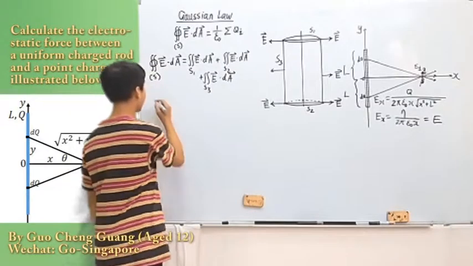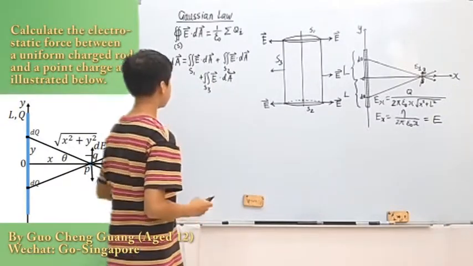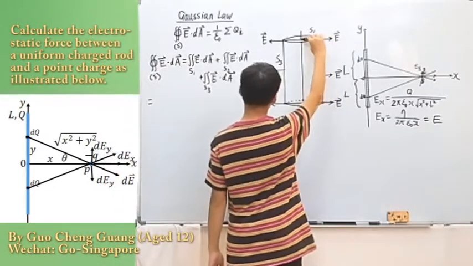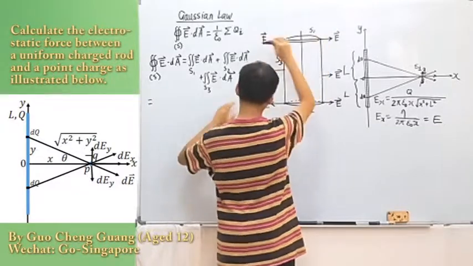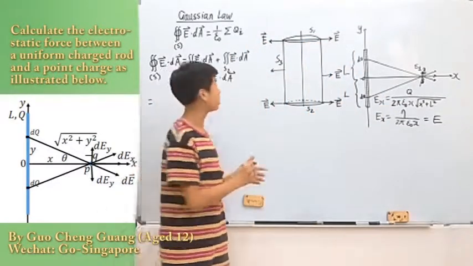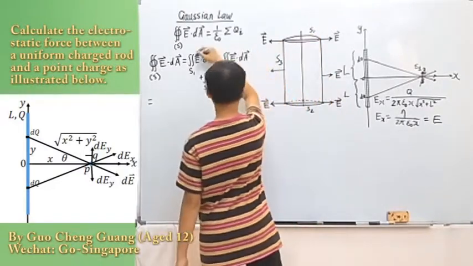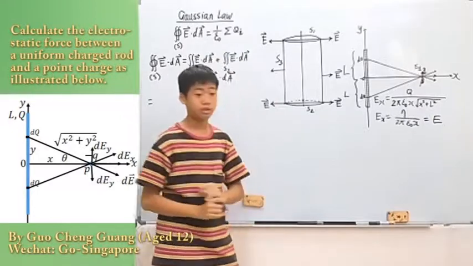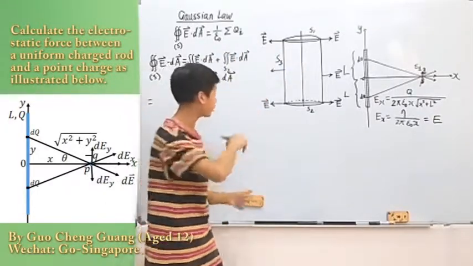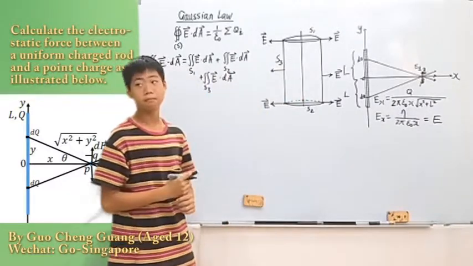Now, let's take a look at each of these surfaces. What will they give us? Firstly, S1. They're all in the outward direction, or radial direction for this part. So E, the direction of the electrostatic field strength, we have already found it. They're all just outward, radial direction. How about the direction for dA?